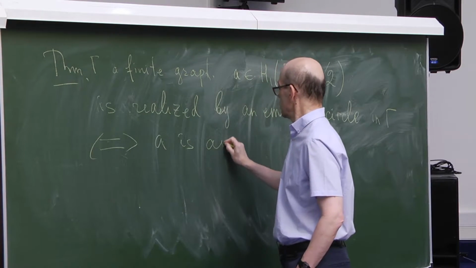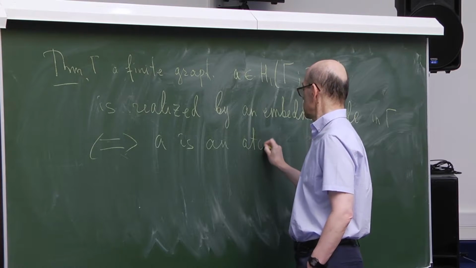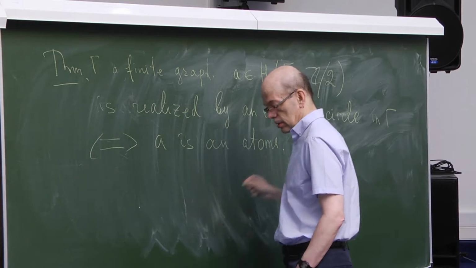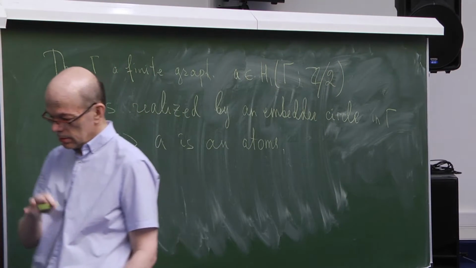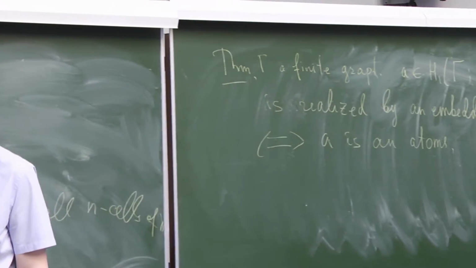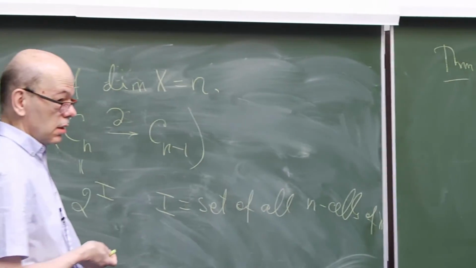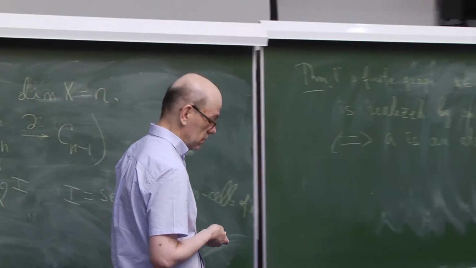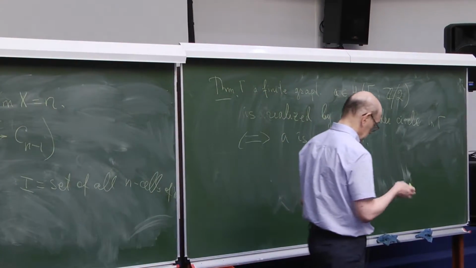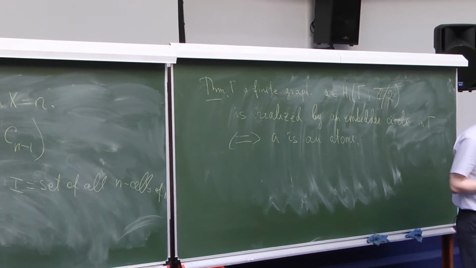So this language of atoms is a somewhat fancy way to speak about embedded circles in a graph. That's a simple theorem. There is nothing deep in it, just a little argument.